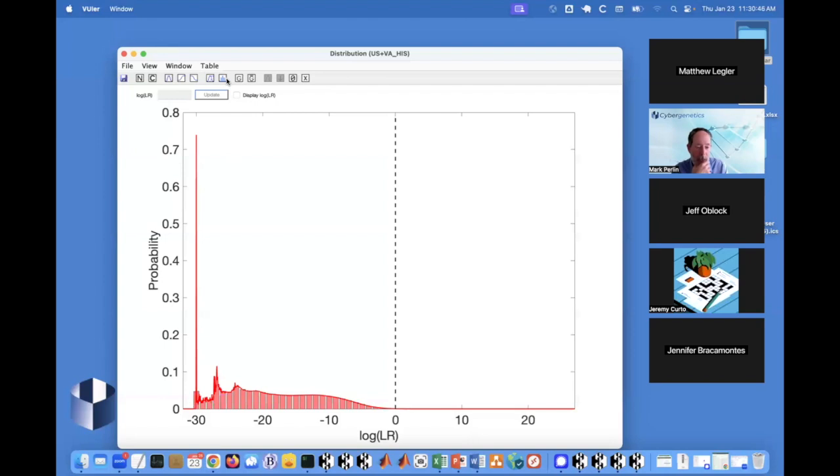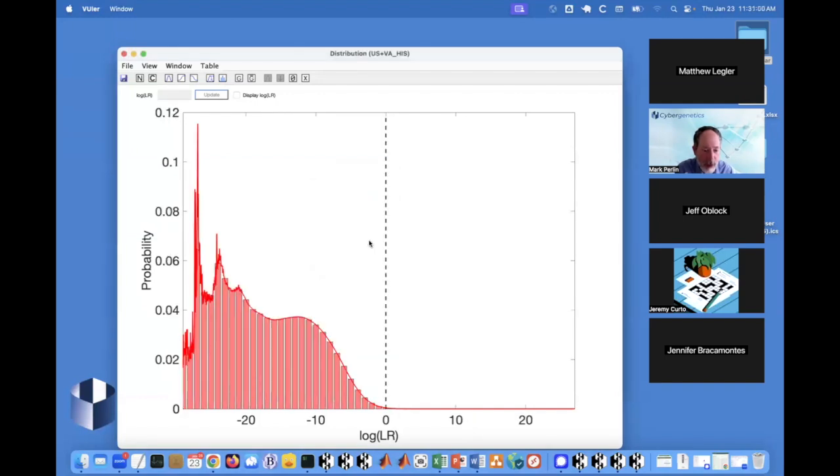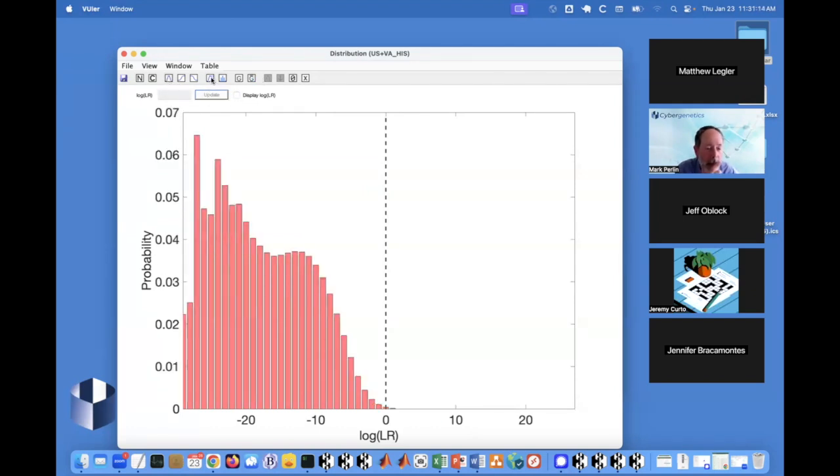Okay. And if you get rid of that last one on the end by making the region like negative 29 or something, and you can get rid of the curve as well by clicking a button. There it is. Sorry.